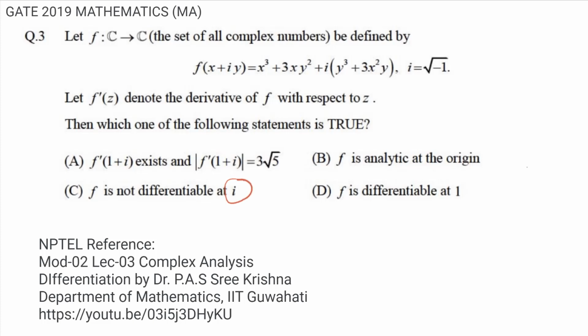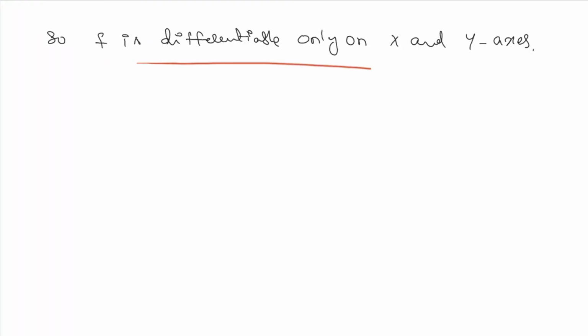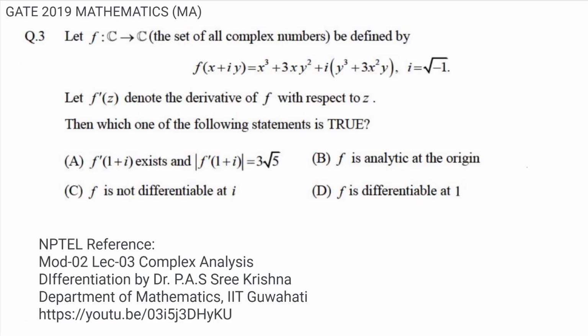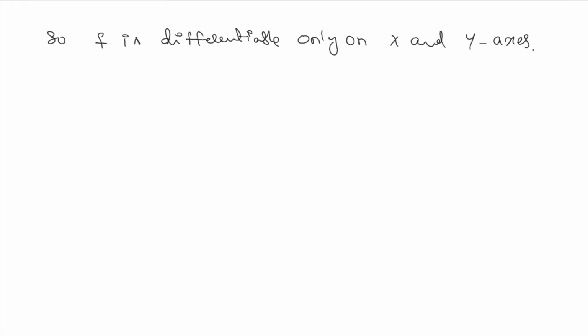Coming to option C, f is not differentiable at the point i. Since the point i lies on the y-axis, f is differentiable by the condition we derived. So f is differentiable at i, but the option says f is not differentiable at i, so option C is incorrect. Coming to option D, f is differentiable at 1. Since 1 is a real number which lies on the x-axis, f is differentiable at 1 by the condition we have derived.